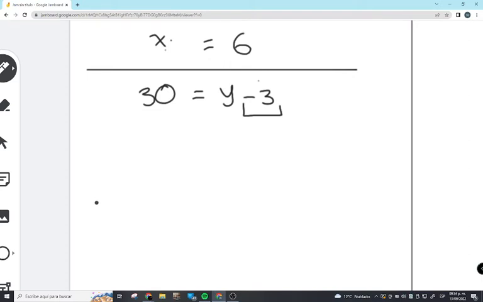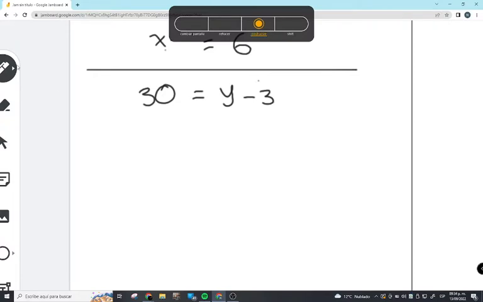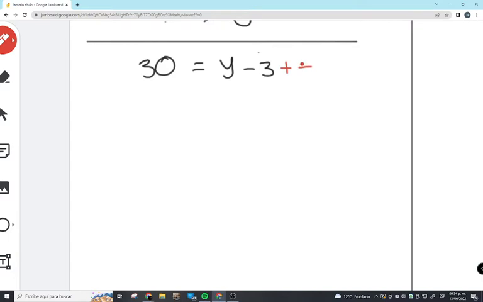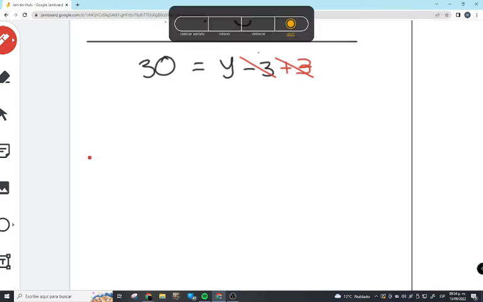How do we get rid of a minus 3? Well, it's easy. Adding 3. Minus 3 plus 3, they cancel each other out. So they disappear.